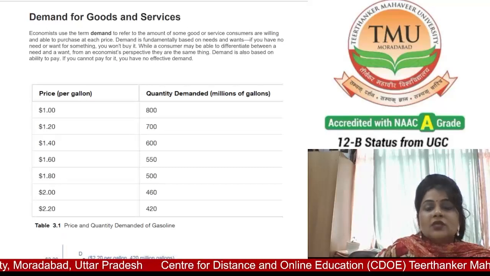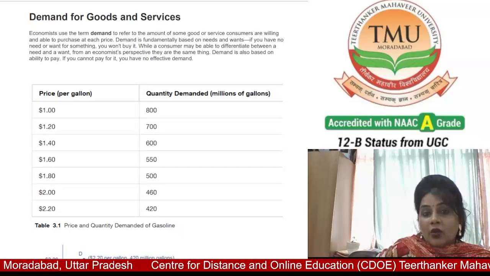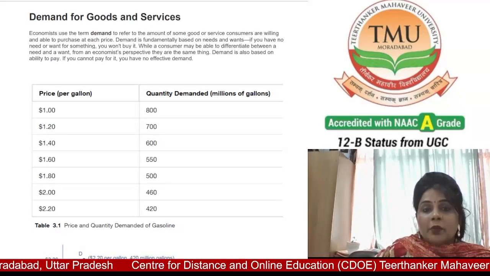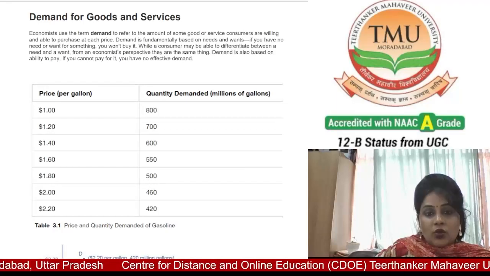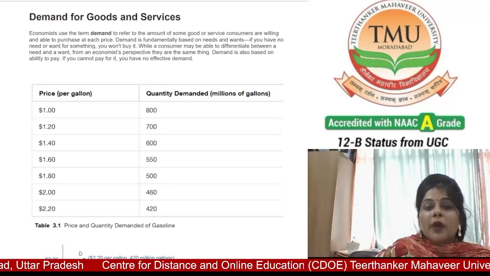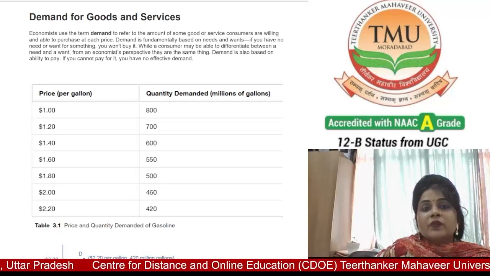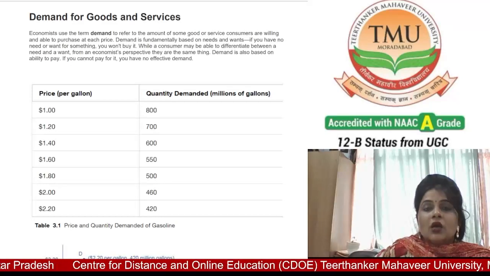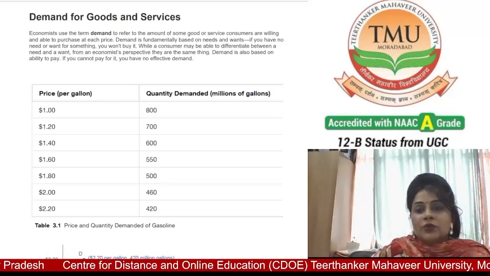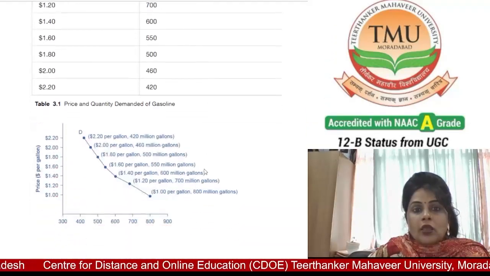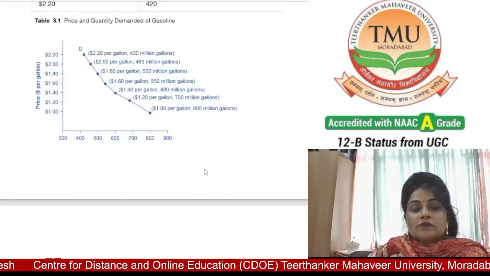In this case, we measure price in dollars per gallon of gasoline, and we measure the quantity demanded in millions of gallons over some time period, for example per day or per year, and over some geographic area like a state or a country. Here you see the demand curve.